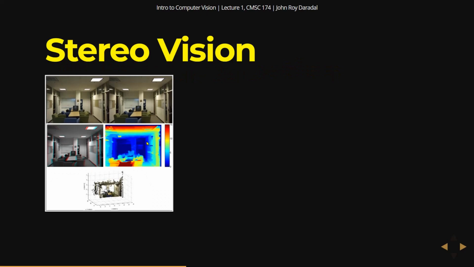And then next is stereo vision. Stereo vision is basically seeing with two eyes or two cameras. So stereo is two eyes or two cameras. With stereo vision, it enables you to perceive depth.